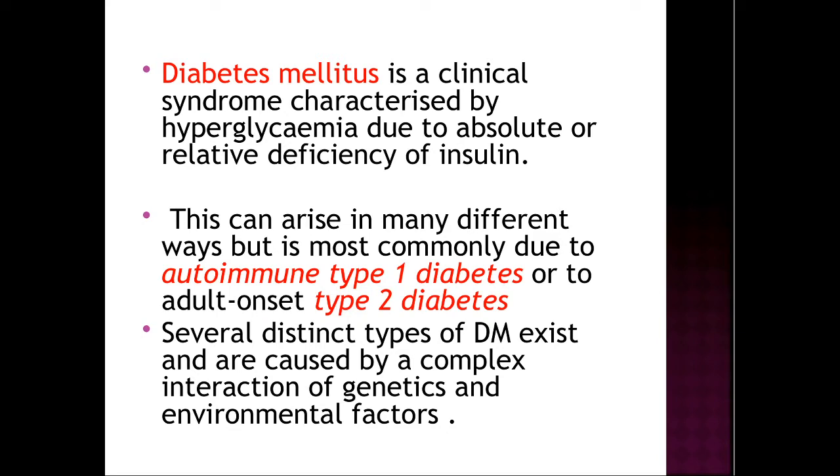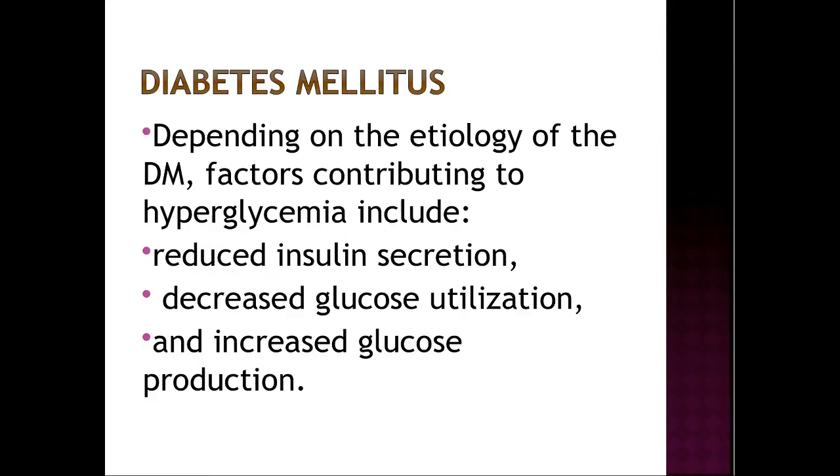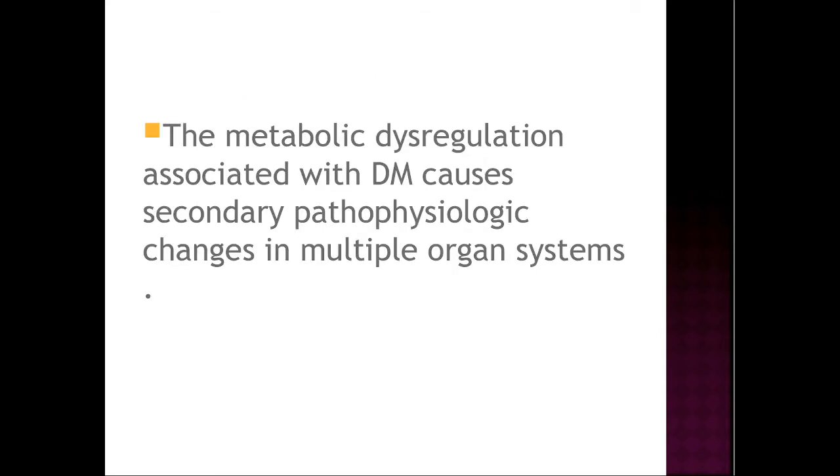Several distinct types of diabetes mellitus exist and they are caused by a complex interaction of genetic and different environmental factors. Depending on the etiology of diabetes mellitus, factors contributing to hyperglycemia include reduced insulin secretion, decreased glucose utilization, and increased glucose production. The metabolic dysregulation associated with diabetes mellitus causes secondary pathophysiological changes in multiple organs and systems.